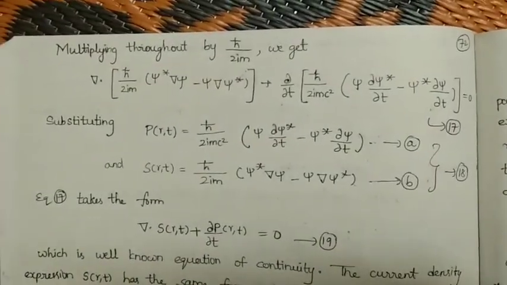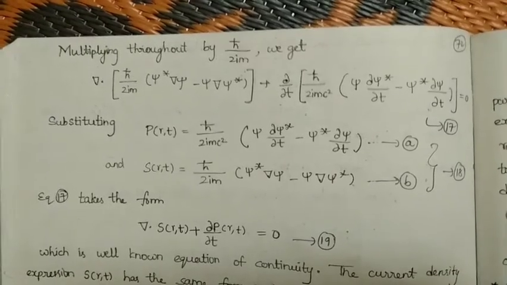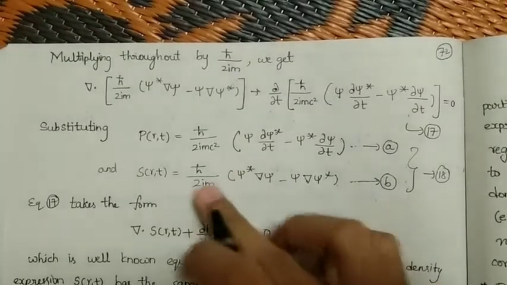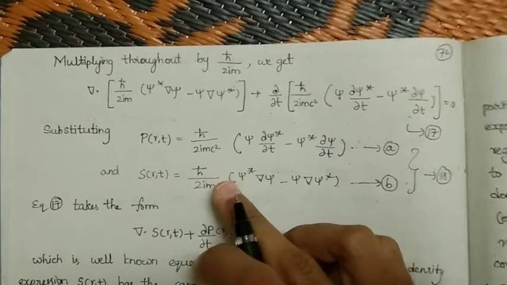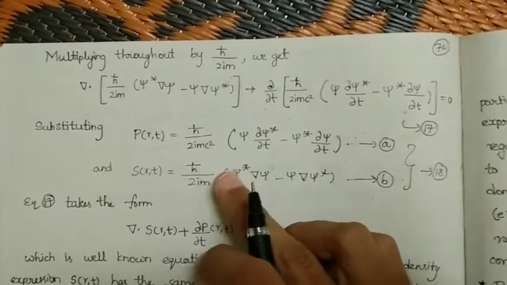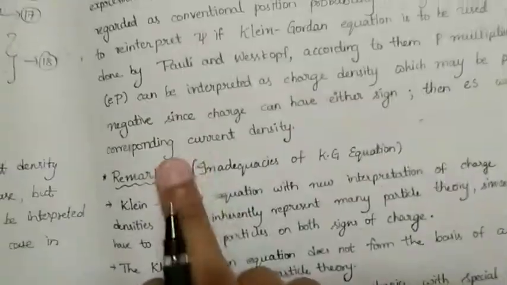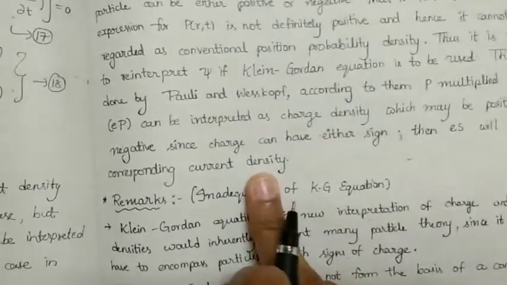Current density is current flowing per unit area, that is I by A, which is nothing but e by t into A. So we already have 1 by L square, the area dimensions, and 1 by T. The missing term is e, the charge of the electron. If we multiply this entire thing with e, we get e times S, which becomes the corresponding current density. So that is regarding probability and current densities. Thank you.